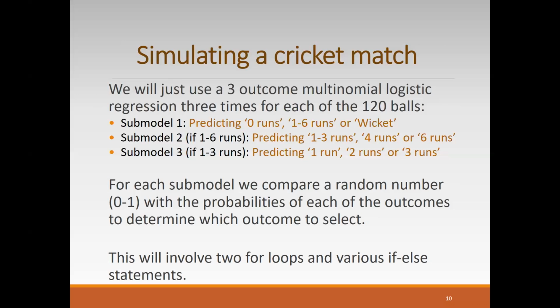So the model will involve 2 for loops and various if-else statements. A for loop is used a lot in models. Because we are running the model for 120 balls, the mechanics of calculating which of the 7 outcomes to select is the same set of R code.